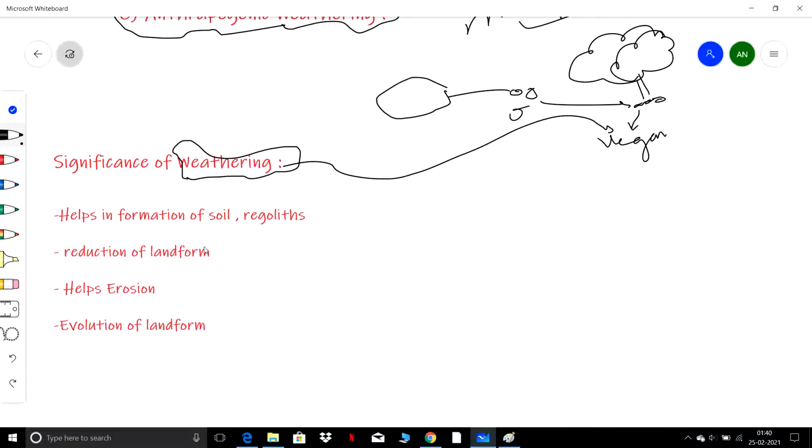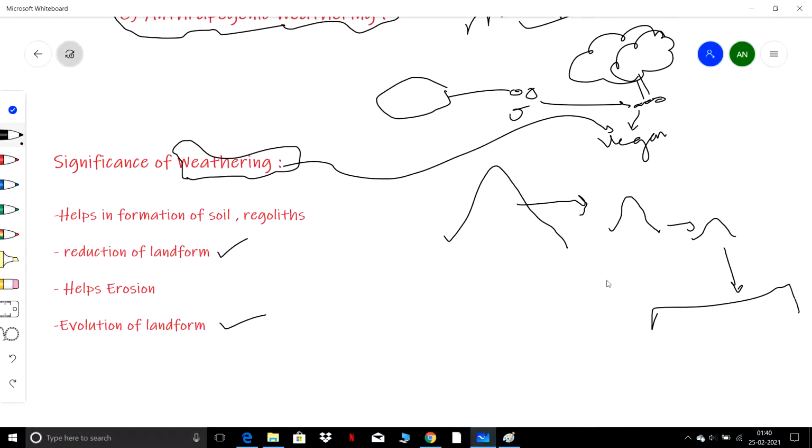Weathering is also important in the reduction and evolution of a landform. Suppose a landform is like this, suppose a hill. Over a period of time, due to weathering and erosion, the landform will be reduced to a smaller landform, which will be reduced further, and further reduced into a plain. So weathering is important for the evolution and reduction of a landform.